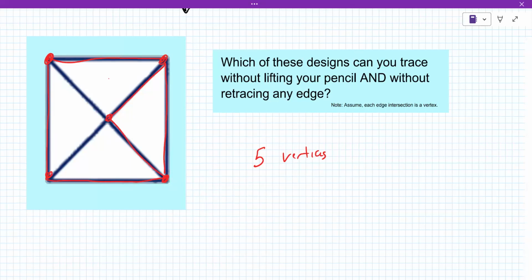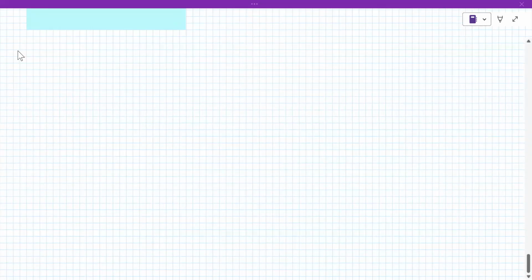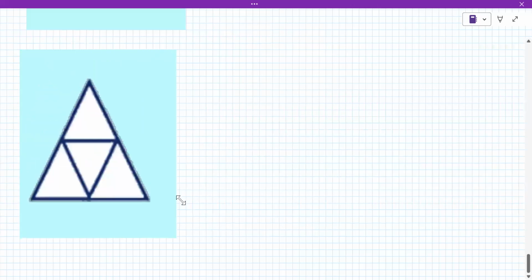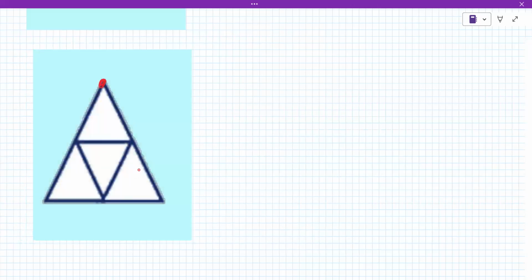Okay. So now let's look at one that I believe you can. This one has 1, 2, 3, 4, 5, 6 vertices. So you start somewhere. It really depends on how you visualize this stuff.